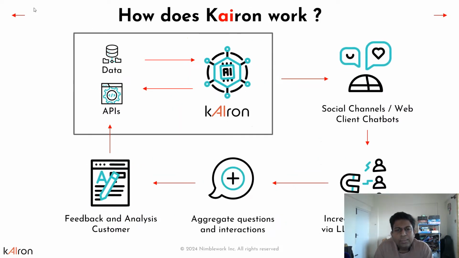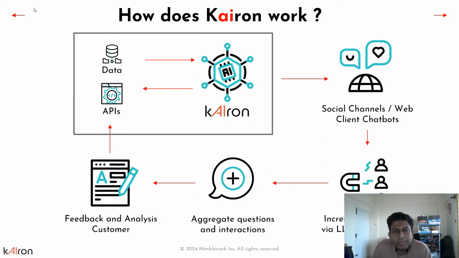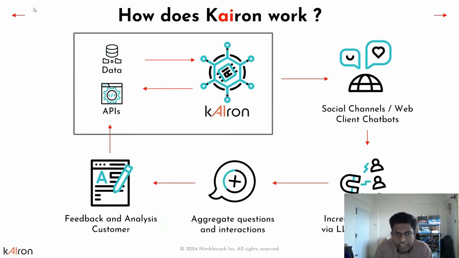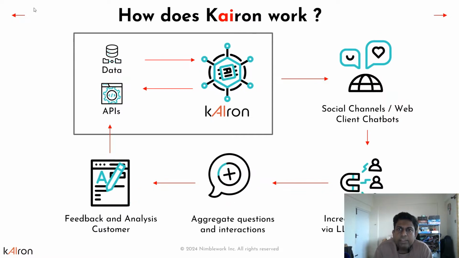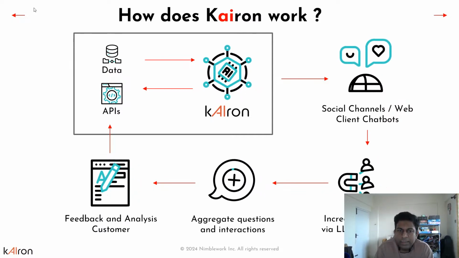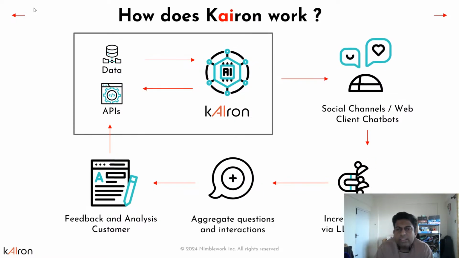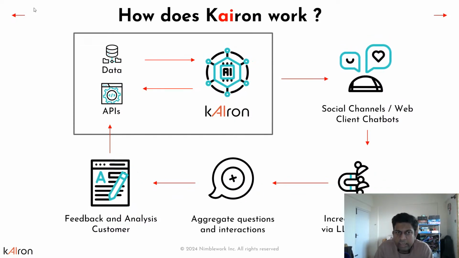And this is the broad structure of how Chiron works. We sit on top of the data that an organization has. We interact with the APIs of the products that the organization uses internally, right? And what we then do is we have Chiron as a platform that sits on top of this. It is learning continuously from the data.